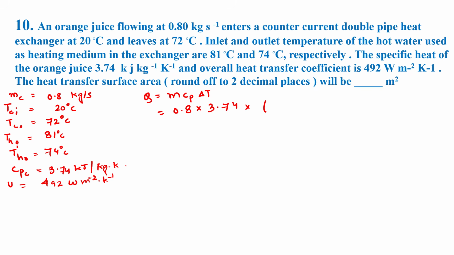So it is 150.584 kilojoule per second, or we'll write it as 150.584 joule per second.